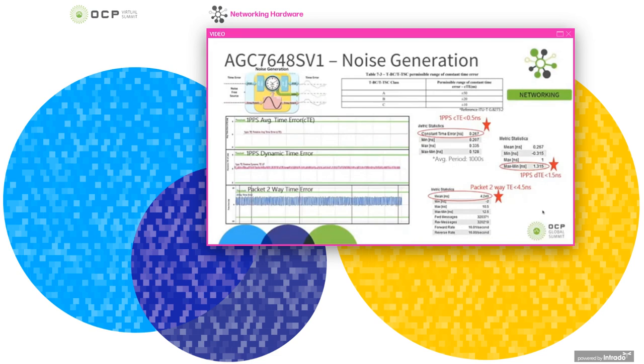You can see it is less than 5 nanoseconds. In the ITU-T G.8273.2 boundary clock, it defines 3 levels: A class 50 nanoseconds, B class 20 nanoseconds, C class 10 nanoseconds. We pass the C class here and are even approaching the D class.